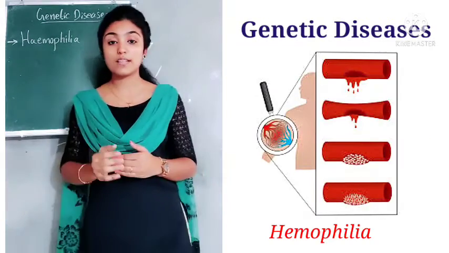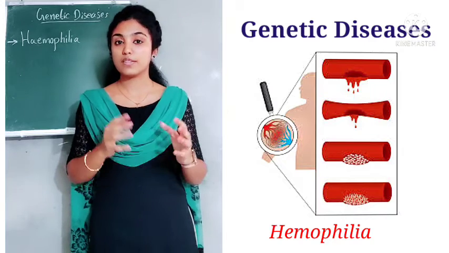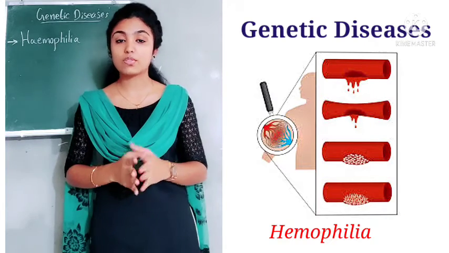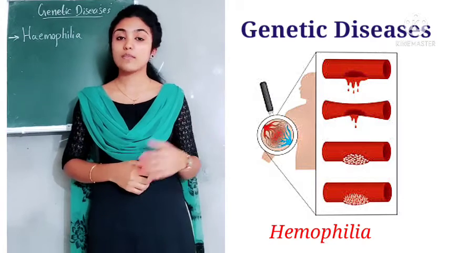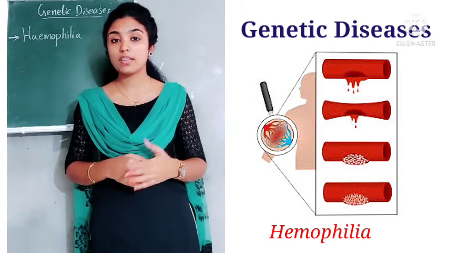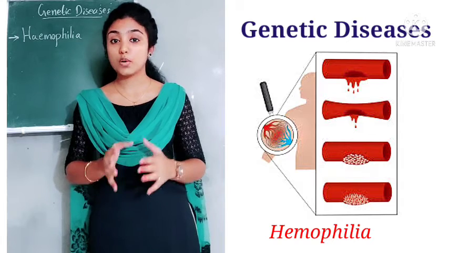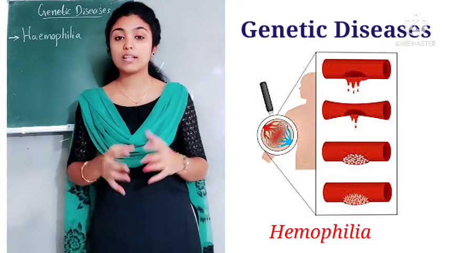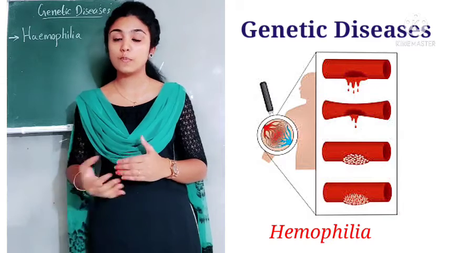Hemophilia is a genetic disease, and we know that blood clots with the help of a protein which is present in our plasma. We already studied this in 9th standard. Which is that protein? Yes, fibrinogen. Fibrinogen is a protein present in the plasma of our blood that helps in the clotting of blood.